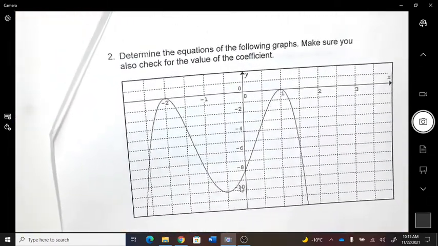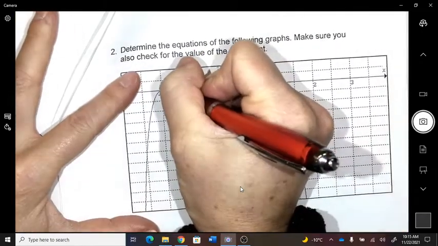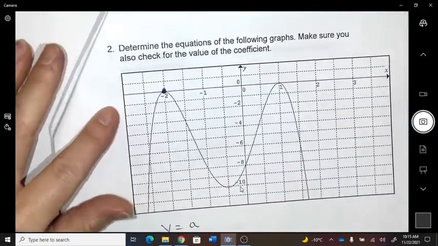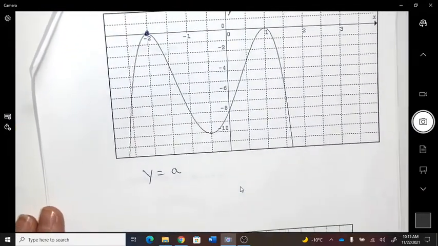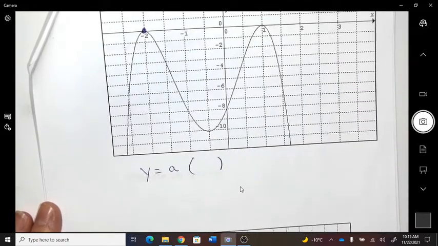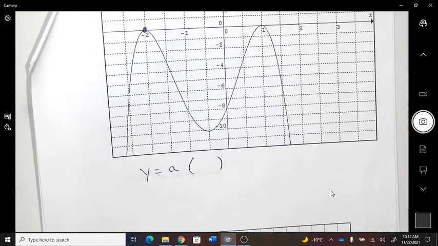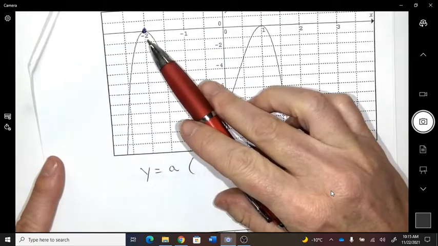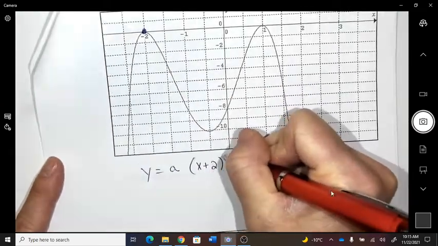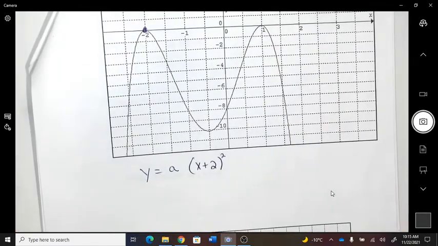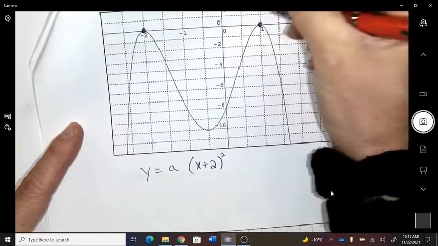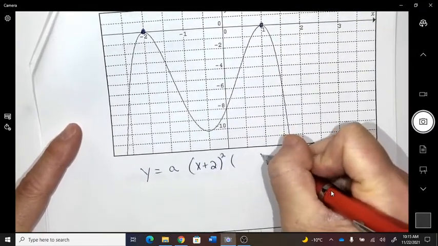Okay, find the equation. So, y equals a. What's the first factor I could write here? What's the factor for this? X plus 2 squared, because it was a bounce. This x-intercept has what as a factor?